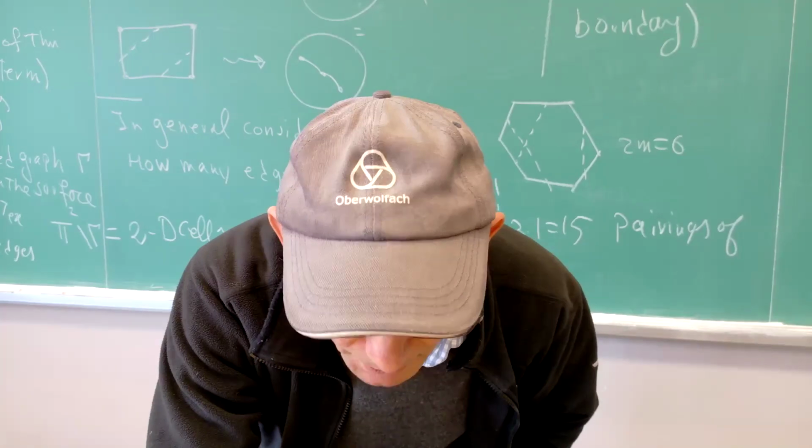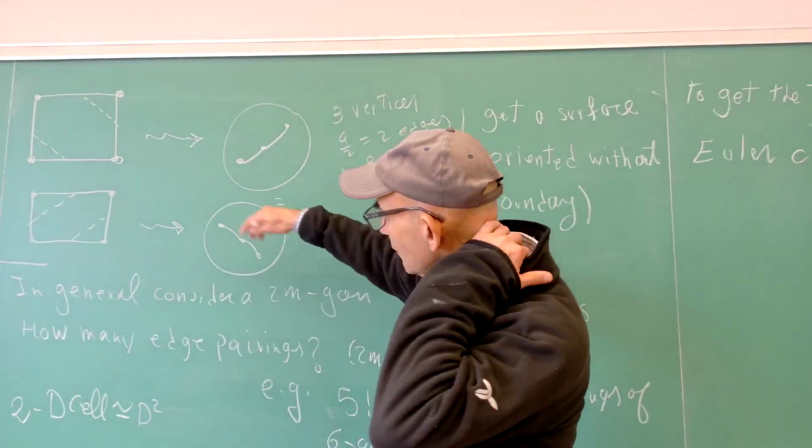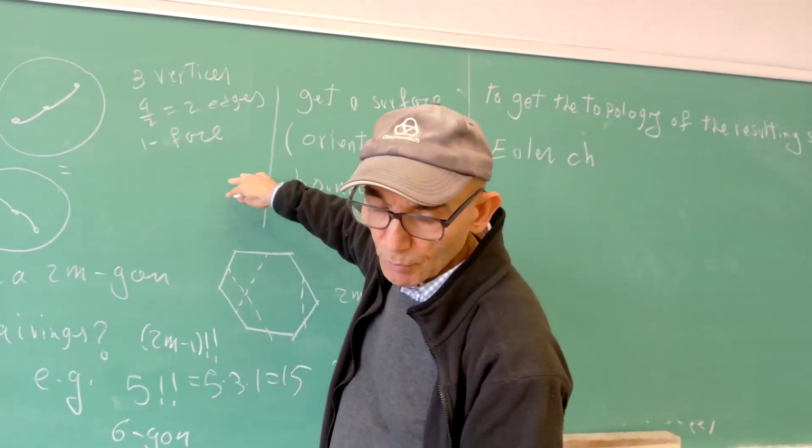Professor, I've got a question. Yes. It seems like you're not considering identifying the edges when the orientations are opposite, to get a Klein bottle or a projective plane. So is the convention that you're identifying them according to these dotted lines that you're drawing, to avoid twisting them? Exactly. We do get only oriented surfaces, so certainly no Klein bottles or projective planes.